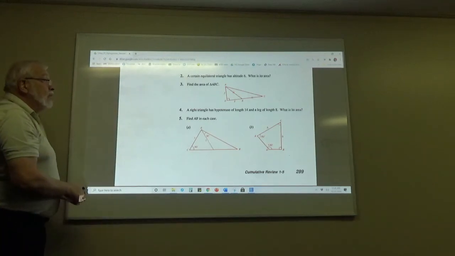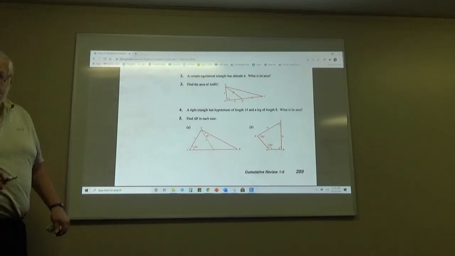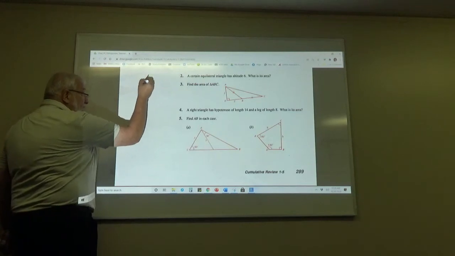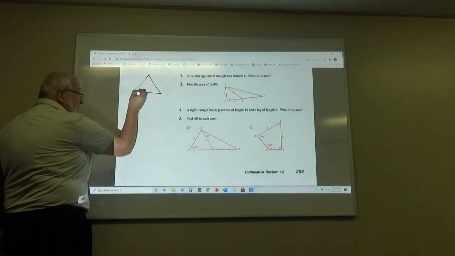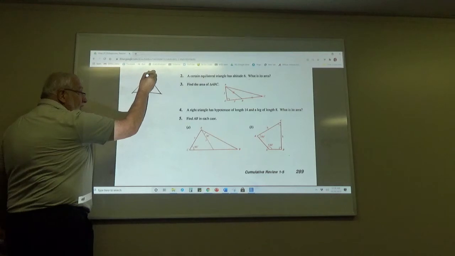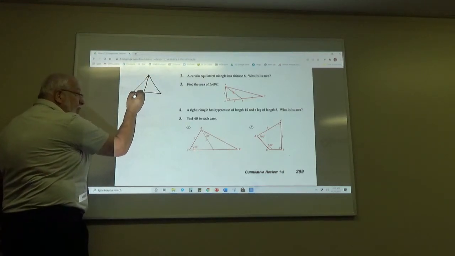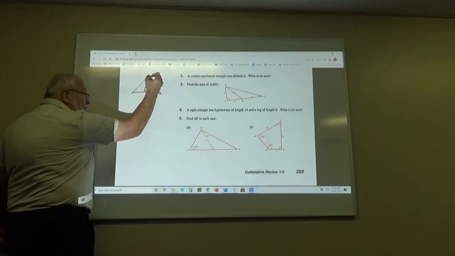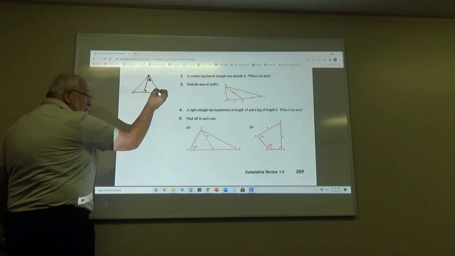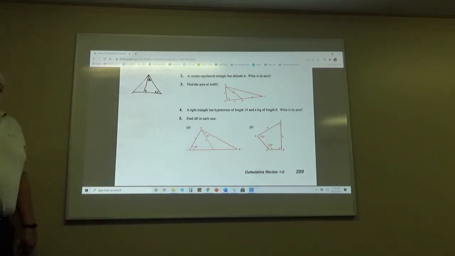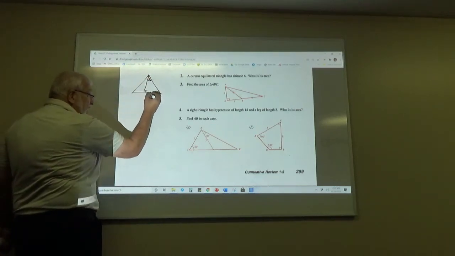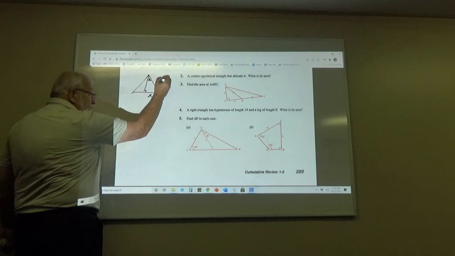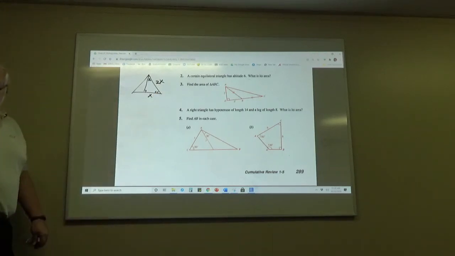All right, so equilateral triangle, right? We know what that is, right? So an equilateral triangle has all 3 sides the same. Therefore, the altitude here bisects this and forms a 30, 60, 90 right triangle. All right, now we're into what Abby showed us earlier, is that in the 30, 60, 90, the side opposite the 30 and the hypotenuse are in the relationship of 1 to 2.